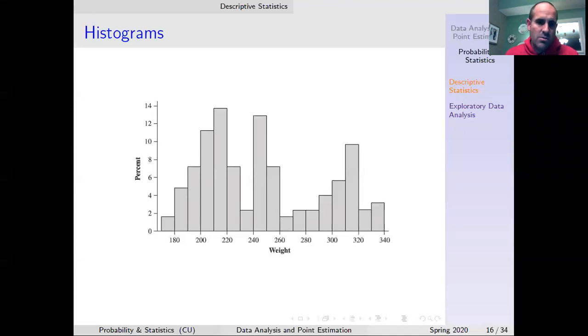So I wanted to mention briefly one more time the issue of histograms. And I know last time I had talked a little bit about the rule of thumb where you can determine roughly the number of classes that you want to have. Remember, classes are the width of the intervals that you are going to count the number of data points in there.